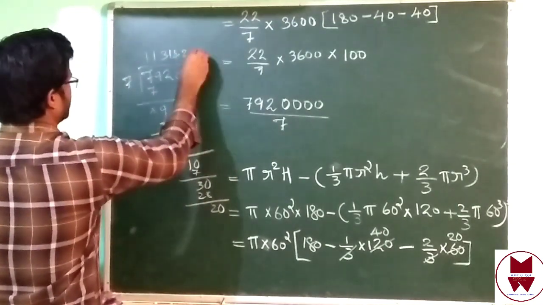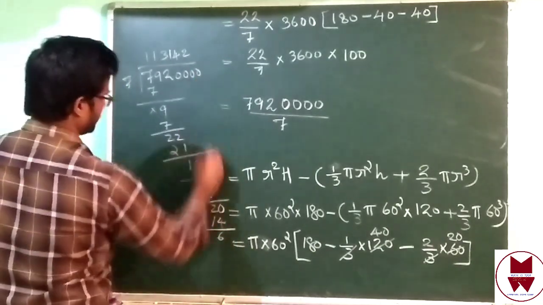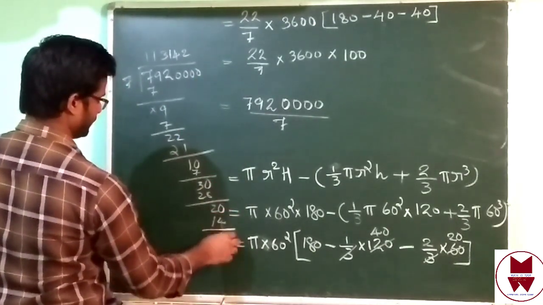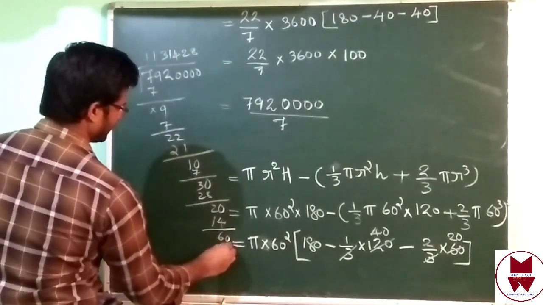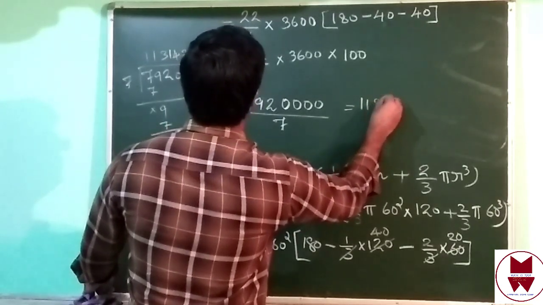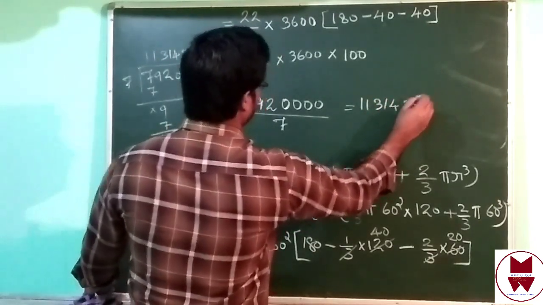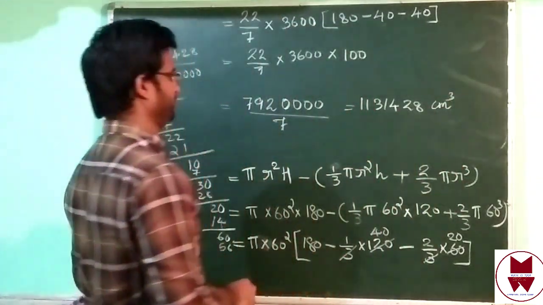Then 2 times 14. Then 6, again 1 more 0 is there. In 60, 8 times 56. We can write 1131428 centimeter cube.